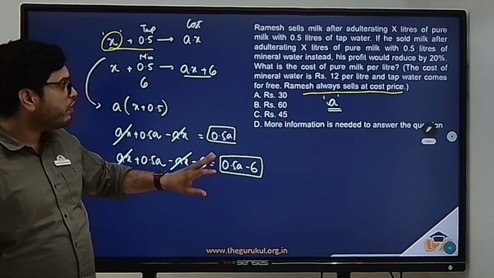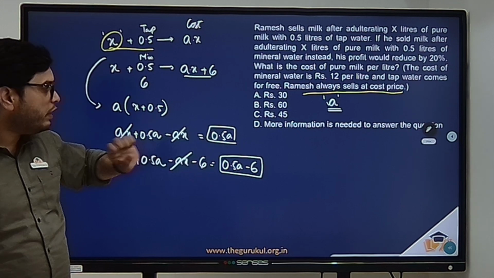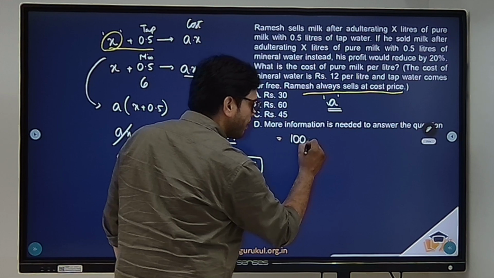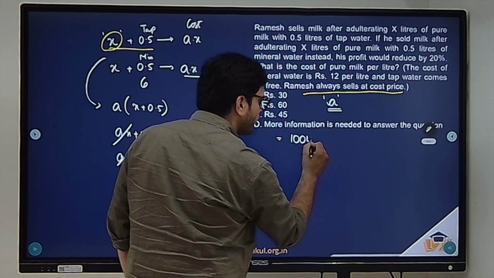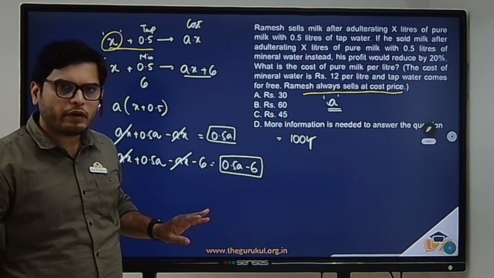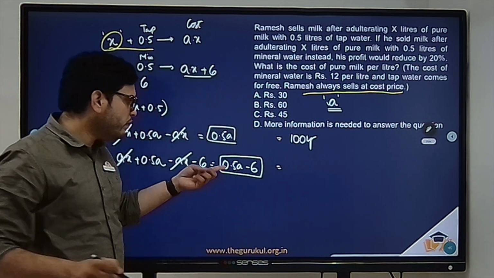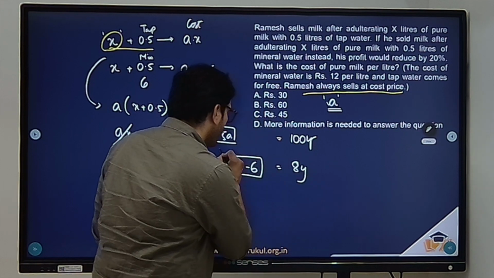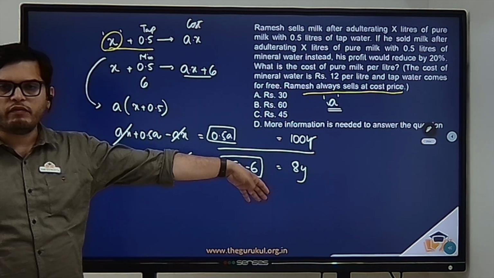And it is given that there is a reduction of 20%. So if this is 100y, for example, if this was his profit in the earlier case, the profit in this case should be 20% less. That would be 80y. So the ratio of these two should be 5:4.